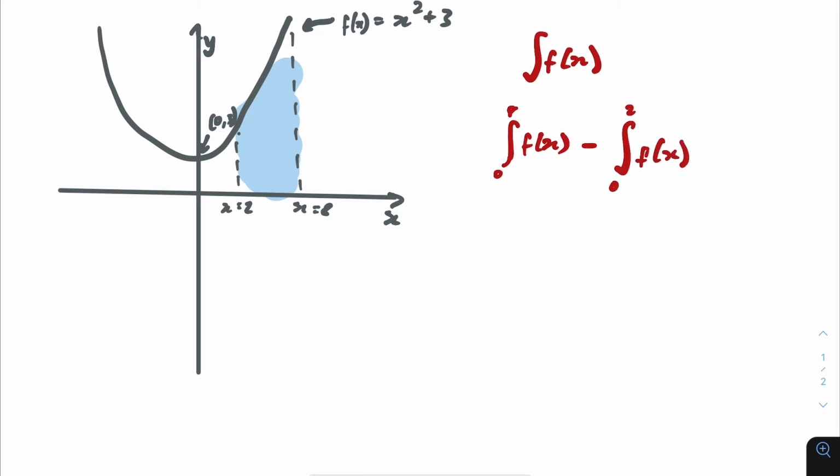And this would essentially equal what we're trying to find in the first place. If we were to write it as one integral, this is our problem, because it's asking us for the area in between 8 and 2.